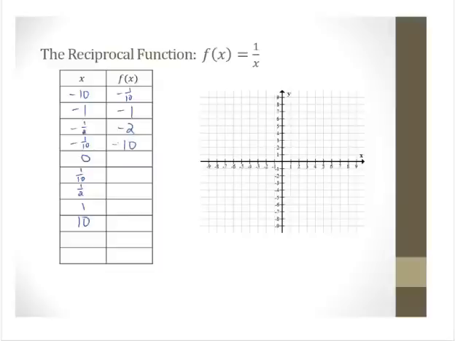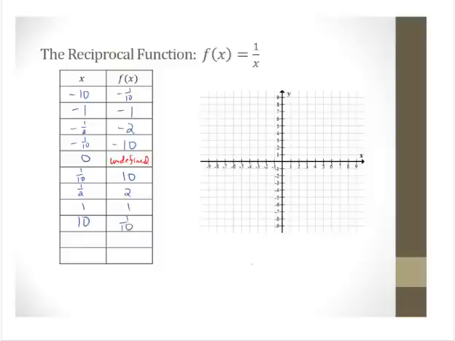What's the reciprocal of 0? Well, 1 over 0 is undefined. 0 is not in the domain of this function. If my input is 1/10, its reciprocal is 10. If my input is 1/2, the reciprocal is 2, and 1 gives 1. And if my input is 10, the reciprocal is 1/10.